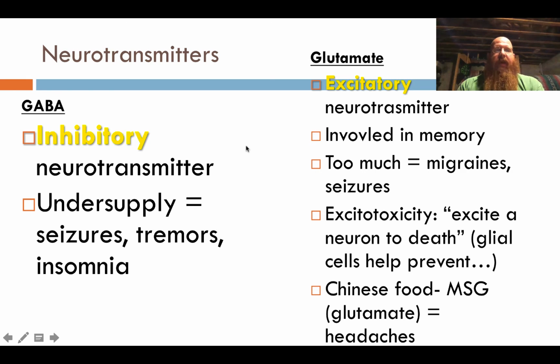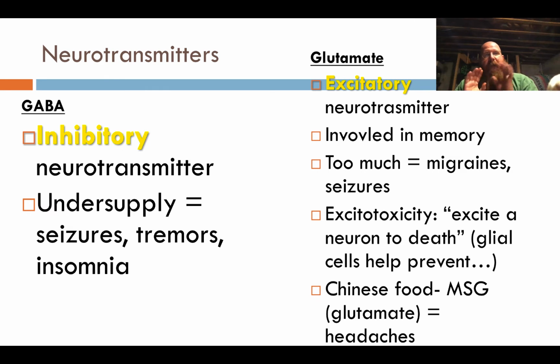It is an inhibitory neurotransmitter, meaning that it inhibits activity. It stops it. If that neurotransmitter goes into the receptacle that it fits, if enough of those happen, it actually stops the cell from firing to the next cell, and that essentially stops the message.